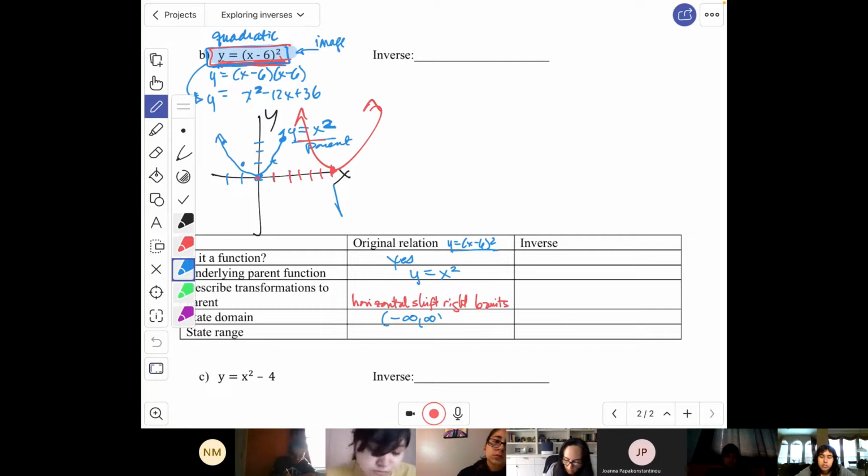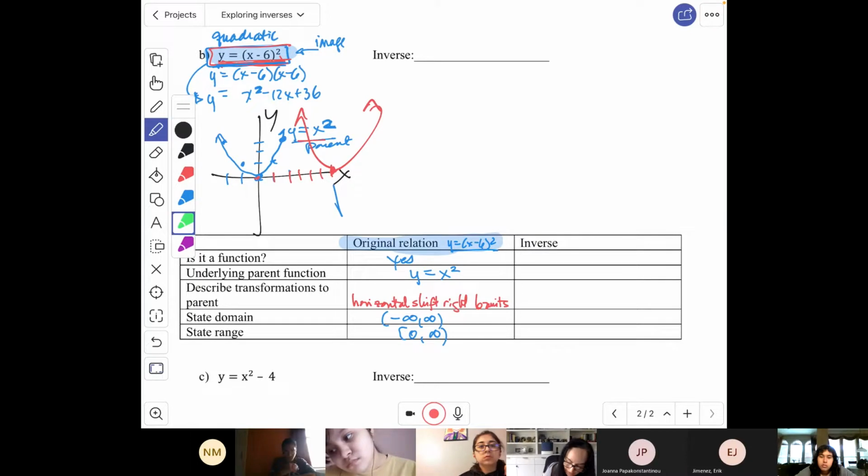Can you tell me what the range is? Zero to infinity, including 0. That is absolutely correct. Okay, so now we have described the original relation.